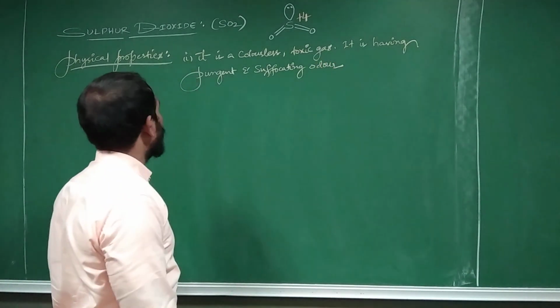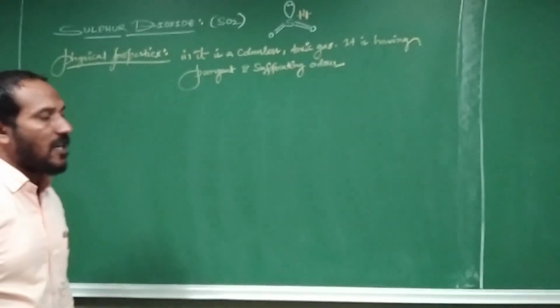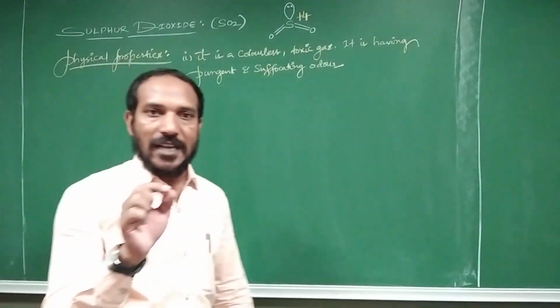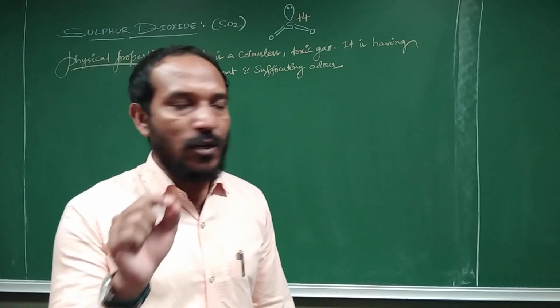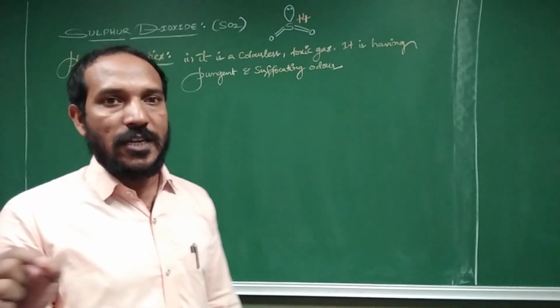So the first physical property of sulfur dioxide is that it is a colorless and toxic gas. It is highly toxic and it also has a pungent and suffocating odor.